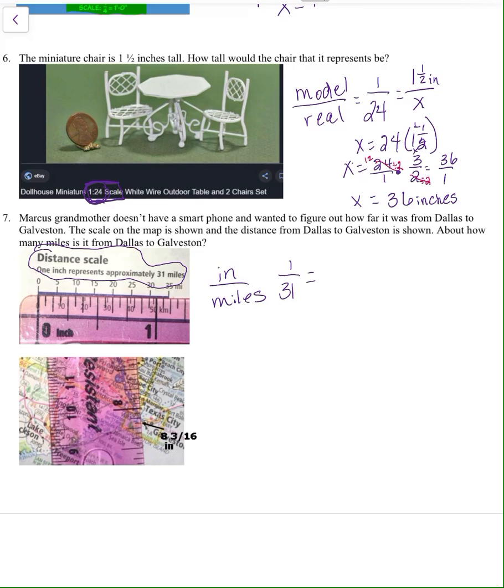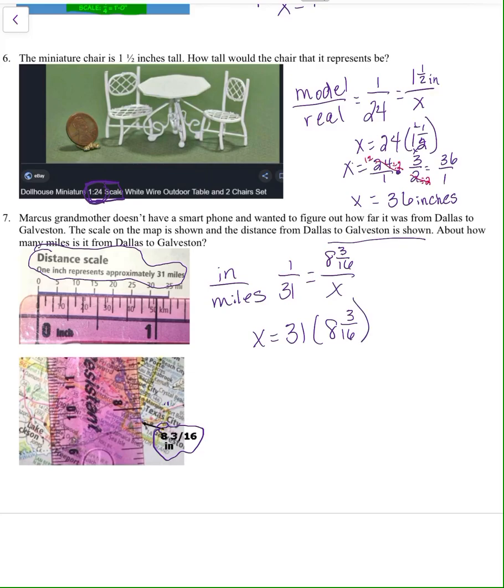And then this is showing the distance from Dallas to Galveston on the map. So it's 8 3/16 inches. If we cross multiply, we have to do 31 times 8 3/16.